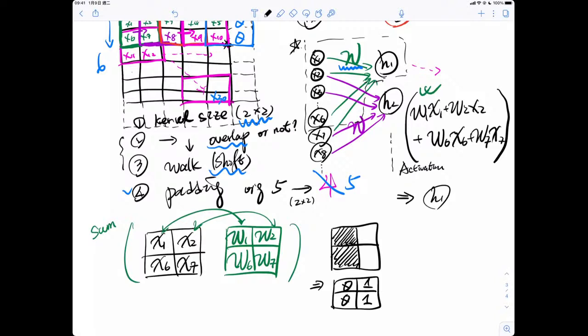So if we have a weight in the kernel, we take the product of the weight and the pixel value, which is 0 or 1, because we assume it is a black and white image.